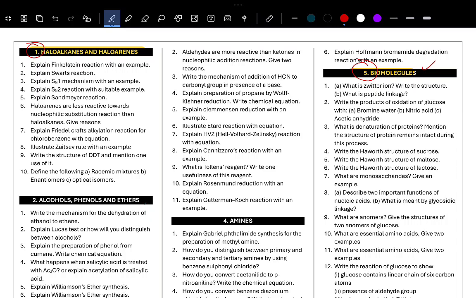In haloalkanes and haloarenes, especially SN1 and SN2 reactions are quite important. Out of these two, any one can be asked. Along with this, the reason question, that is why haloarenes are less reactive towards nucleophilic substitution reactions, is also very important.